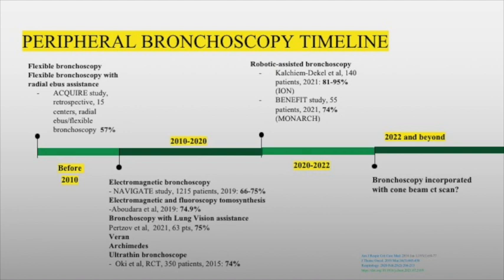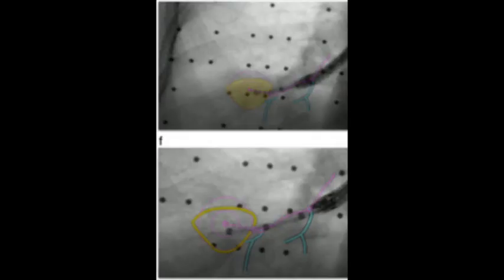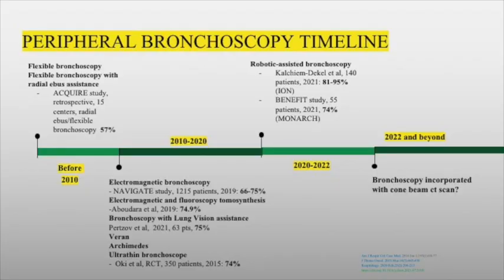And then there are also other imaging technologies such as LungVision as well. And then there comes the development of the ultra-thin bronchoscope, which is proven to have a higher diagnostic yield compared to regular flexible bronchoscopy with radial EBUS.